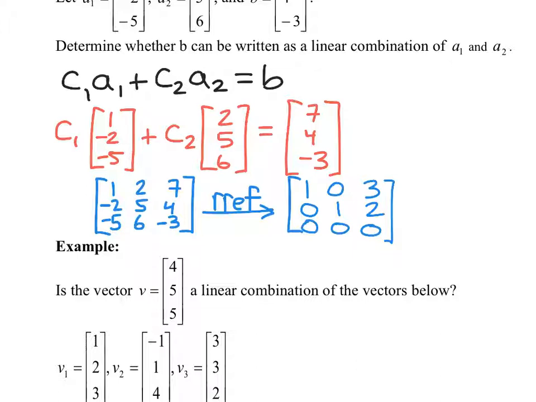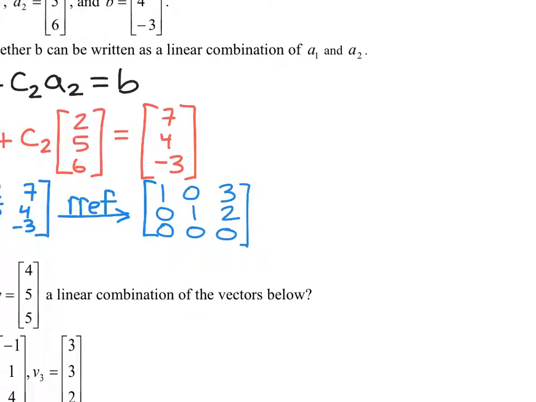It's just a question of which one's the 3 and which one's the 2. Well, the C1 comes first, the C2 comes second. If I were to distribute this out, that's the order of the variables within those linear equations. So we can, with a reasonable amount of confidence, conclude that C1 is equal to 3 and C2 is equal to 2.